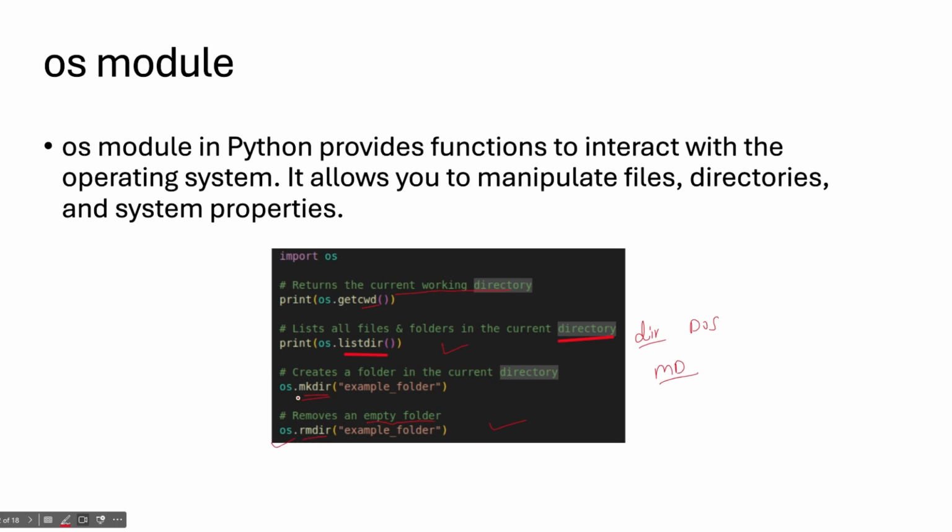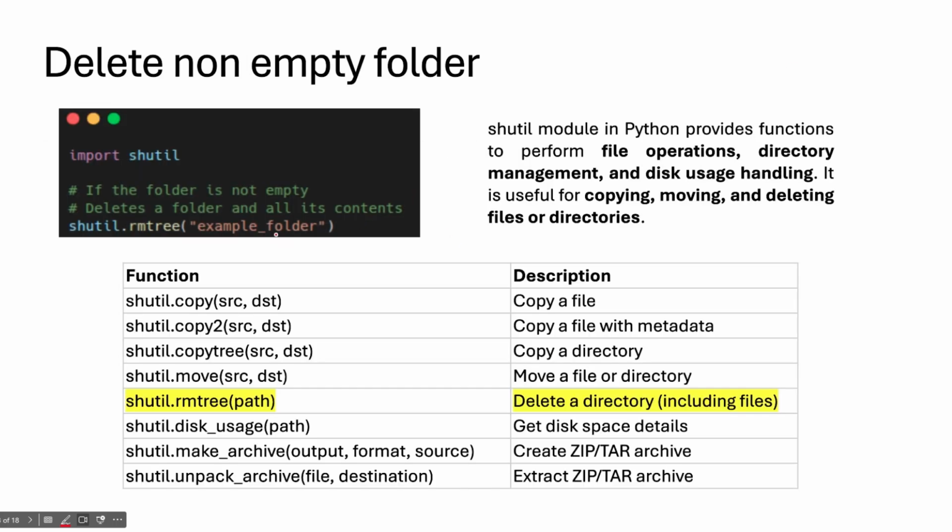If your folder has some files, then either you remove all the items inside this folder and then remove it, or instead of this, you can use shutil, S-H-U-T-I-L. It has the function rmtree, which will delete all the files and folders inside this folder.